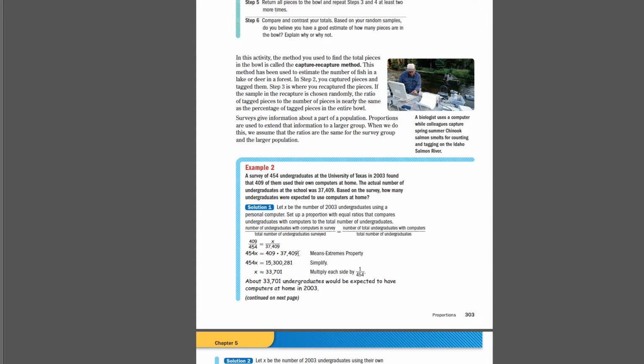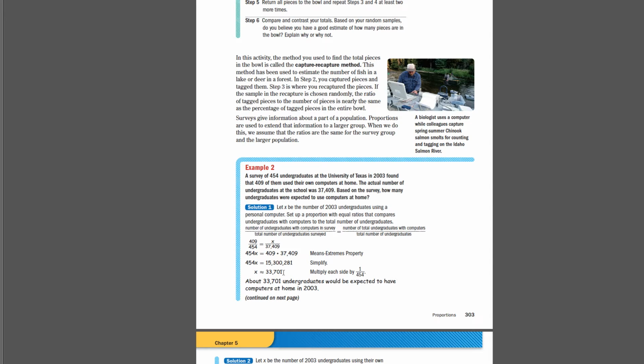We get 454 times x equals 409 times 37,409. We are then going to simplify this. They did the multiplication. Next we multiply by 1 over 454, and we get that x is approximately 33,701 would be expected to have computers at home.